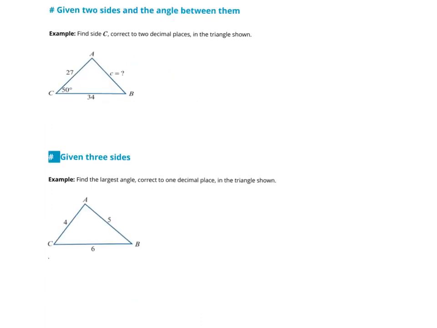So in this first example, it says find side C, correct to 2 decimal places. Now let's write out all of the information that we have to start off with. So we have side A, we have side B, we're looking for side C, and we have angle C. So I'm going to write that down: side A is equal to 34, angle A I don't need, side B is equal to 27, angle B, again, I don't need or want.